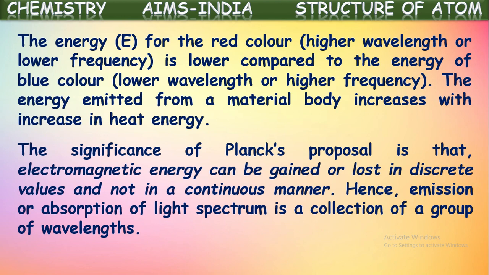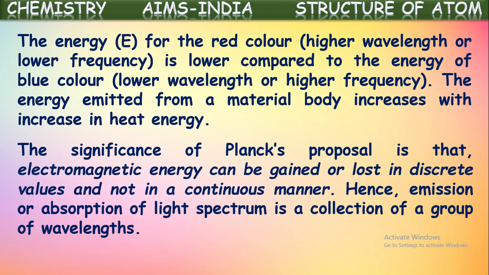The significance of Planck's proposal is that electromagnetic energy can be gained or lost in discrete values and not in a continuous manner. Max Planck proposed that electromagnetic energy can be either gained or lost by substances in discrete values, not continuously, in the form of small packets.